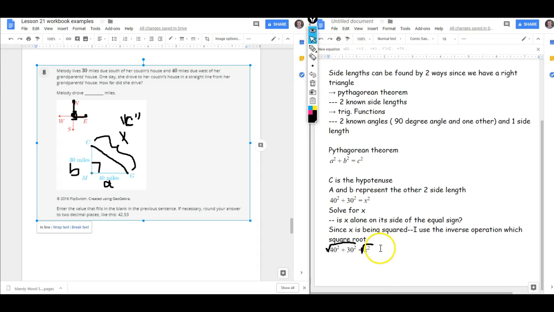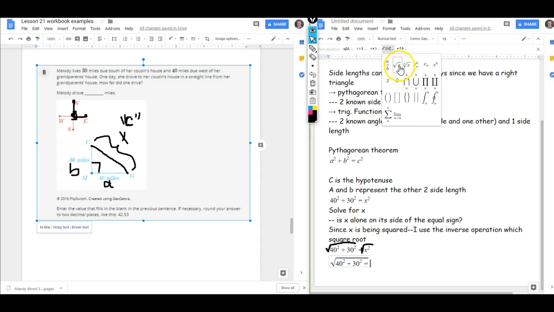That would give us a new equation: the square root of 40 squared plus 30 squared equals the square root of x squared, and the square root of x squared is x.